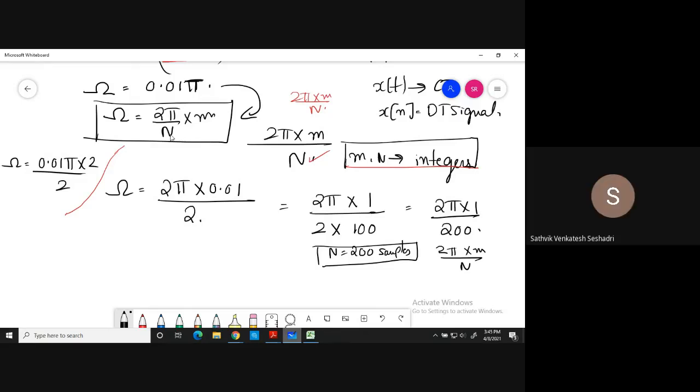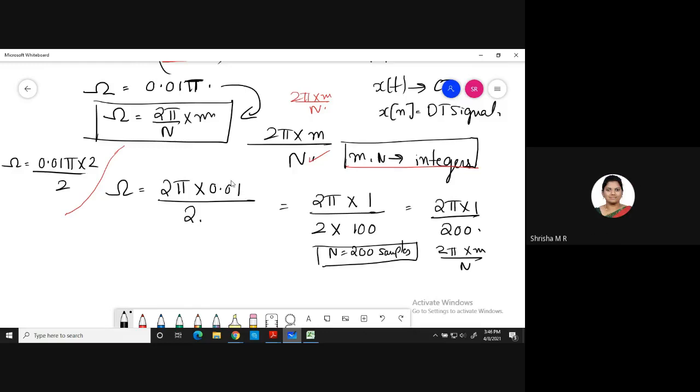Ma'am, why did we change 0.01 to 1? I can write 0.01 as 1 by 100, right? So I've just done that to get it in this form. The condition is m and n should be integers. Now I have a possibility, right? I can convert this 0.01 as 1 by 100.